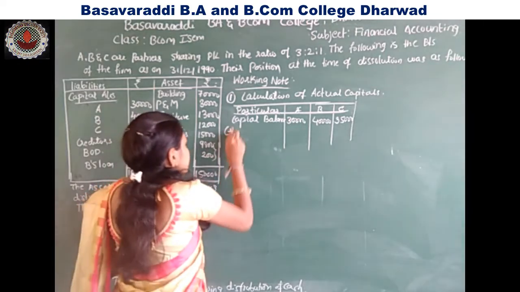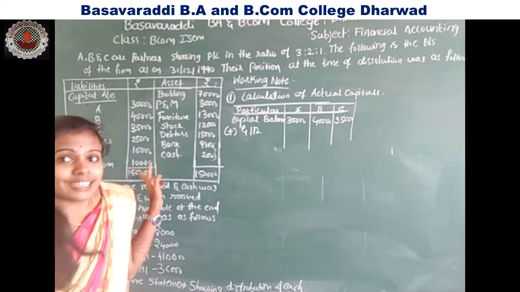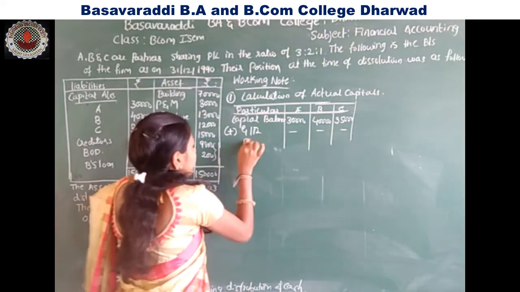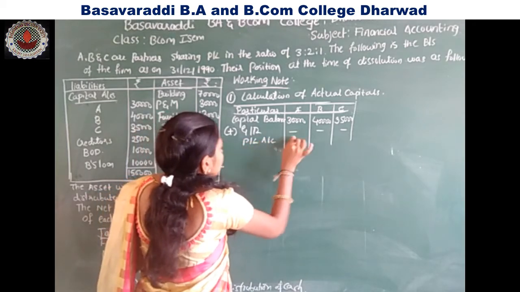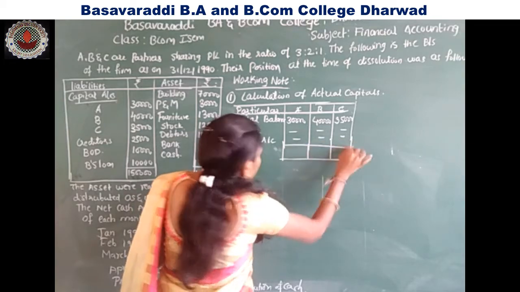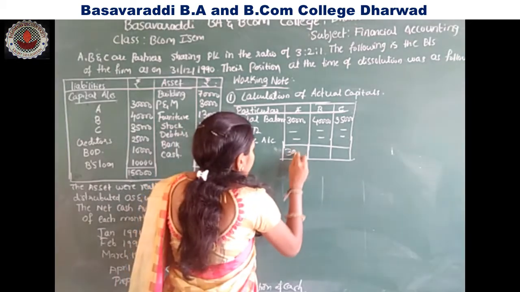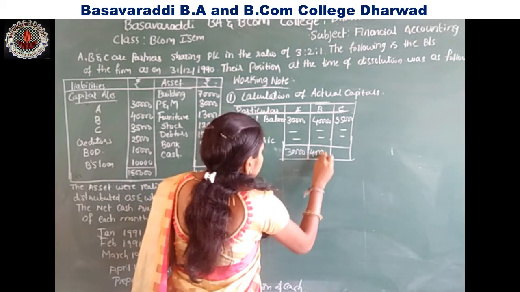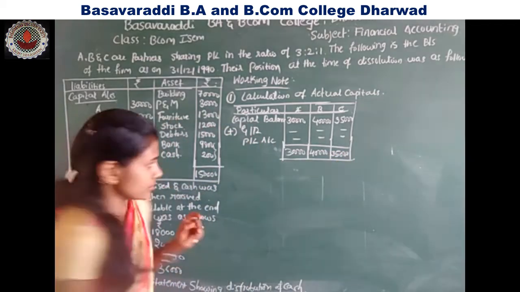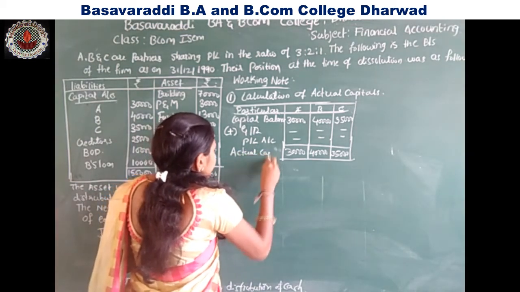Plus general reserve, they have not given the general reserve, nor profit and loss account. So 30,000, 40,000 and then 35,000. We have to call it the actual capitals.